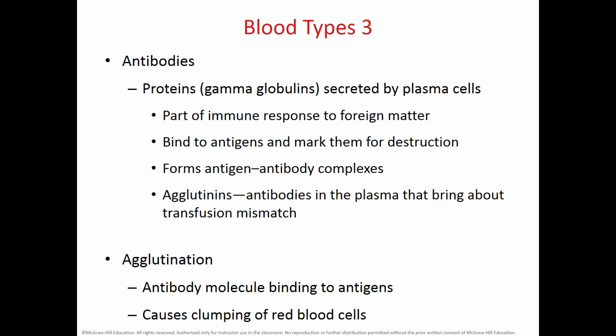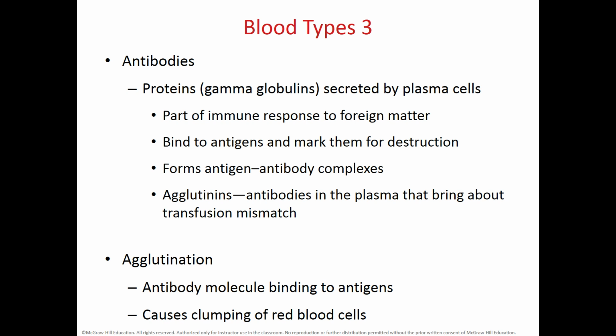And when they do so, they form a complex known as the antigen-antibody complex. The other name for the antibodies is agglutinins. These agglutinins are found in the plasma, and they bring about transfusion mismatch.